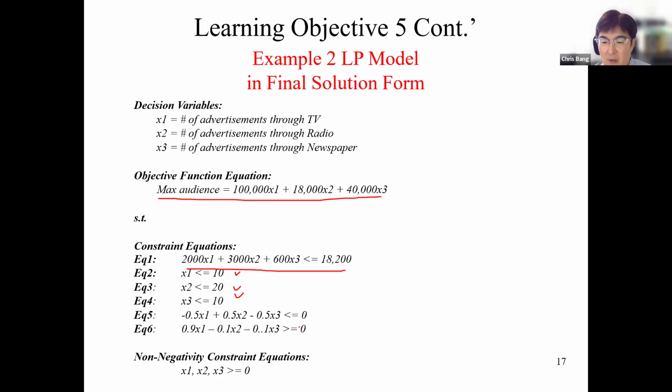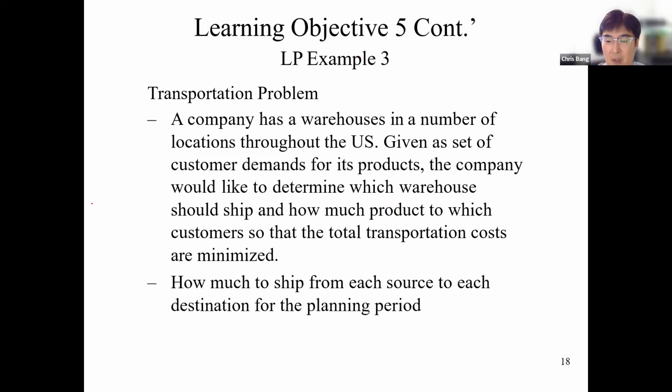At this point, the verbal problem has been fully translated into a mathematical LP model that can now be solved. We have non-negativity constraints. I'm going to show how to practice LP with Excel after this explanation in a slide or video. The third example is the transportation problem.